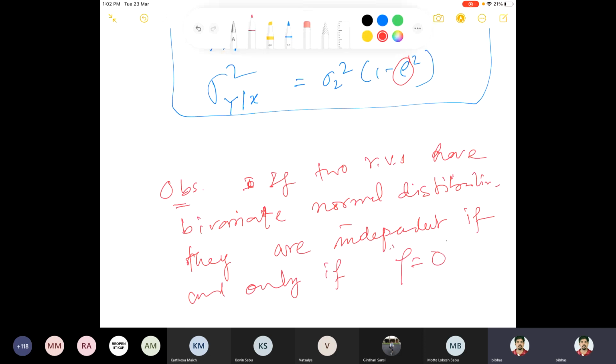So when you talk about bivariate normal, this is an if and only if condition. If you have a bivariate normal distribution, then the marginals are also normal and you know the parameters also.